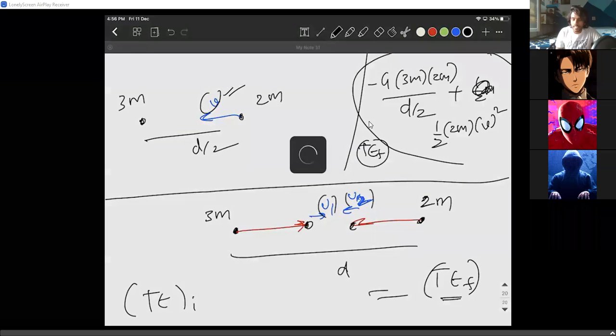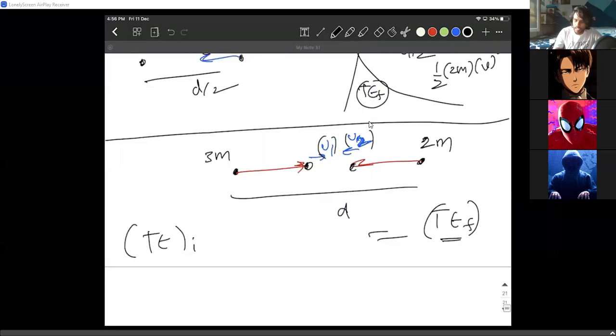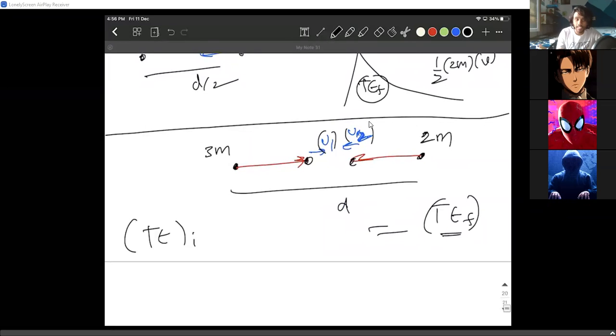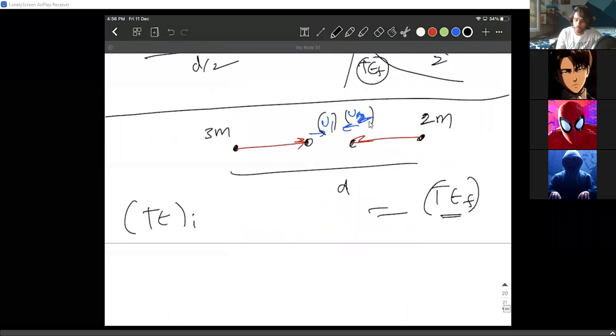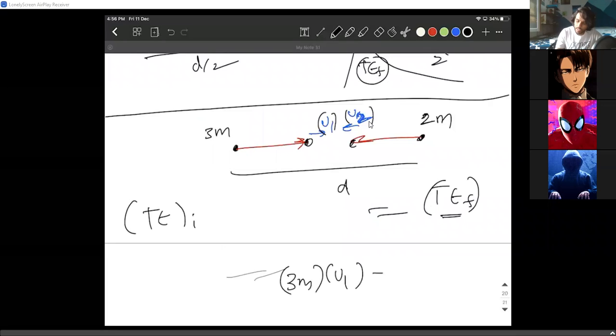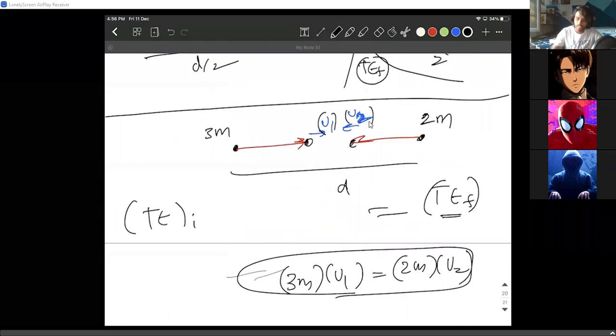You are all just blind to see, there is no external force on the system. So 3m into v1 equals 2m into v2. What is this? Conservation of momentum. So you use this and you use the energy conservation to find the velocities.